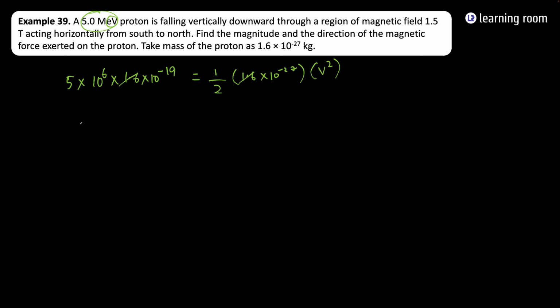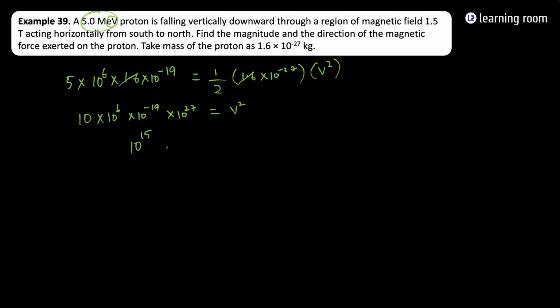So 2 will go to the other side. 10 into 10 power 6 into 10 power minus 19 is equal to, or you bring the 10 power minus 27 this side, it becomes 10 power 27 is equal to v square. So how much are you getting? 10 power 7 into 10 power 27, 10 power 34. 10 power 34 into 10 power minus 19 is 10 power 15. You told minus 15 or plus 15 now?